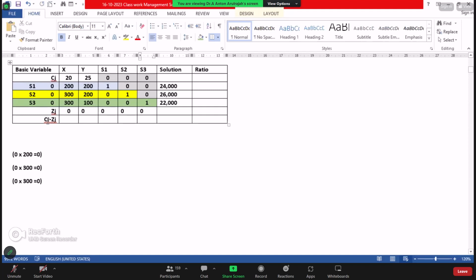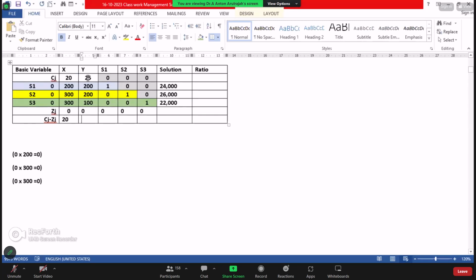Then we have to find the Cj minus Zj value. What is the Cj minus Zj? Here Cj is 20, Zj is 0. Cj minus Zj value, how much? 20 minus 0, how much? 20.